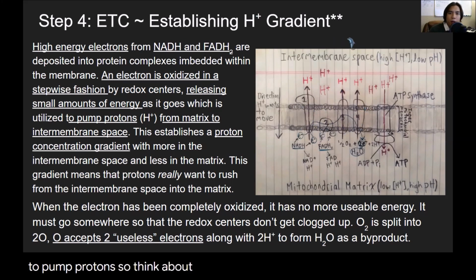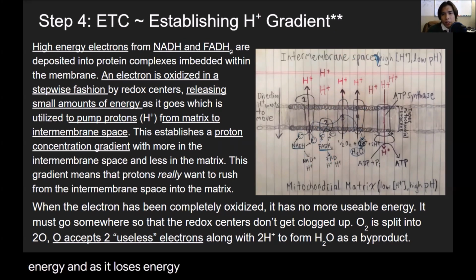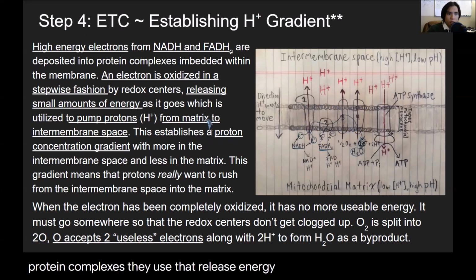So think about it this way. We have a high energy electron over here, a bunch of stepwise steps happen, and each time the electron loses a little bit of energy. And as it loses energy, it releases energy to the environment. And these protein complexes use that released energy to pump protons from the matrix to the intermembrane space.